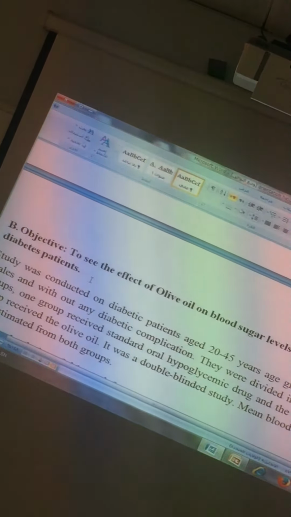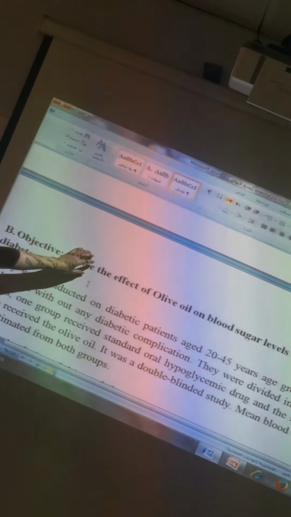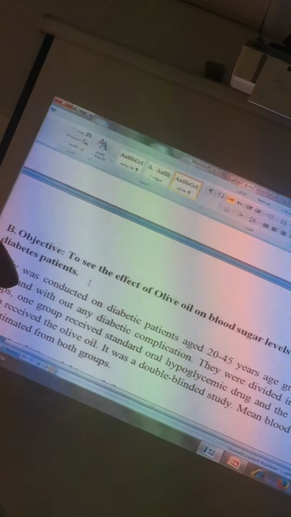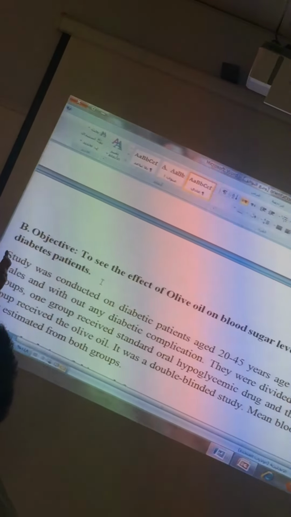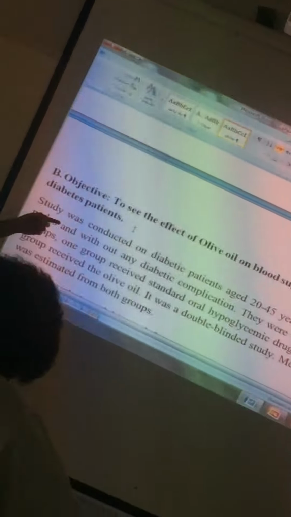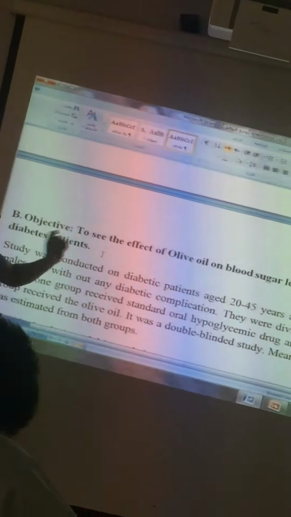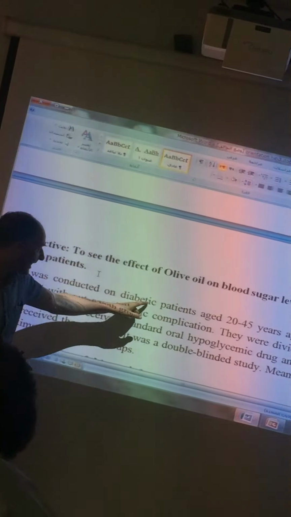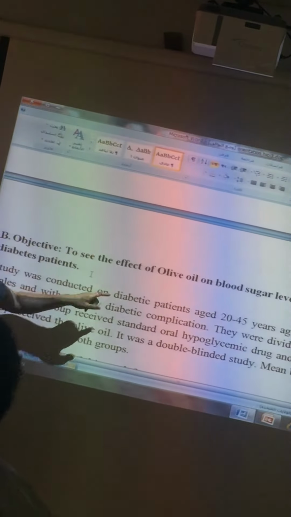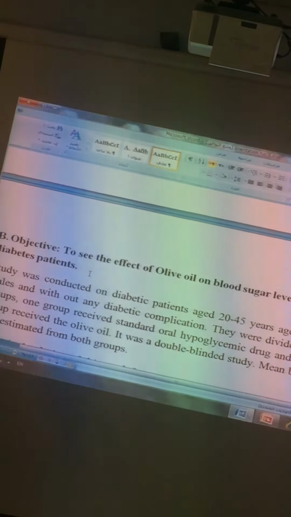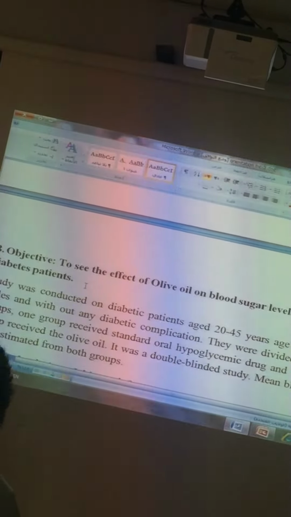When we find it's a randomized controlled trial, we should immediately remember that there is something called eligibility criteria. So what are they? Age, gender, third, diabetic patients, and fourth, these patients should not have any diabetic complications. These are the criteria for people who will be included in this study.